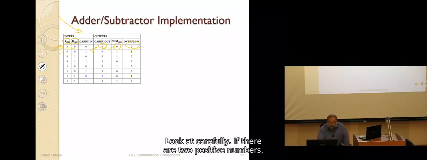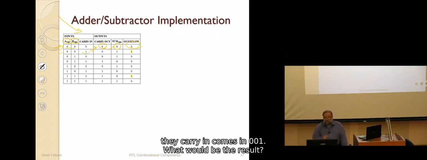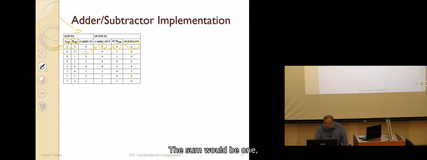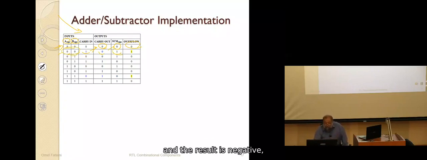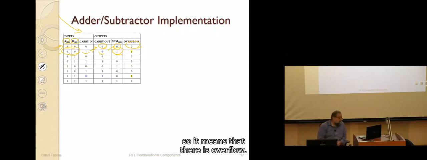Look carefully. If there are two positive numbers and the carry-in comes in, 0, 0, 1, what would be the result? The sum would be 1, and the carry-out of the last bit would be 0. Here, we have added two positive numbers, and the result is negative. So it means there is overflow. Okay? Do you follow?